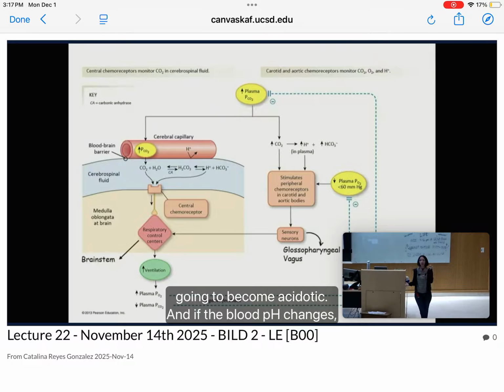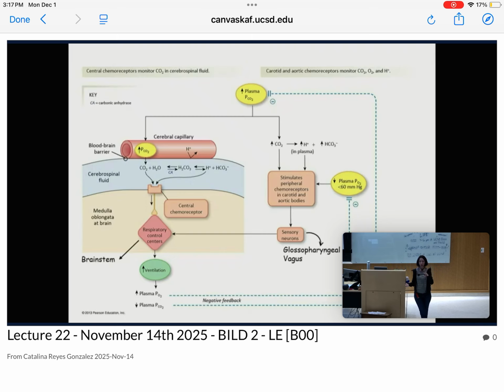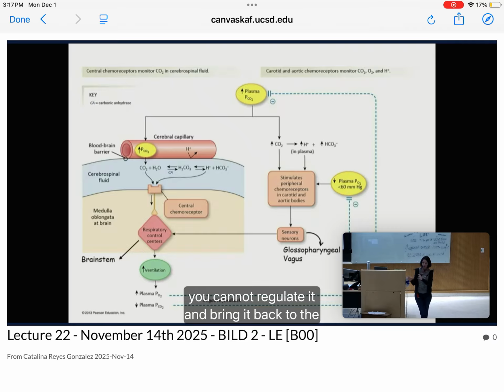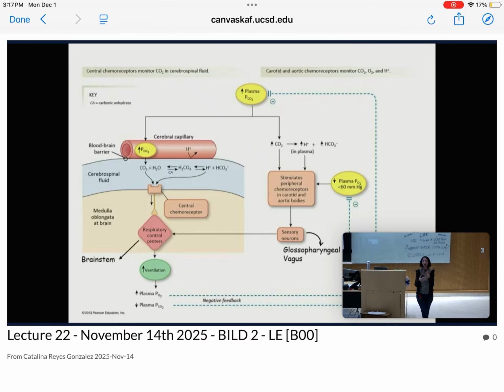And if the blood pH changes, right, then the intracellular pH, you're going to try to defend that and regulate for that. But if you cannot regulate it and bring it back to the homeostatic levels, then the intracellular pH changes. And if the pH inside the cells changes, enzymes are not going to work properly, because remember, acidosis or alkalosis is going to denature those proteins, right?